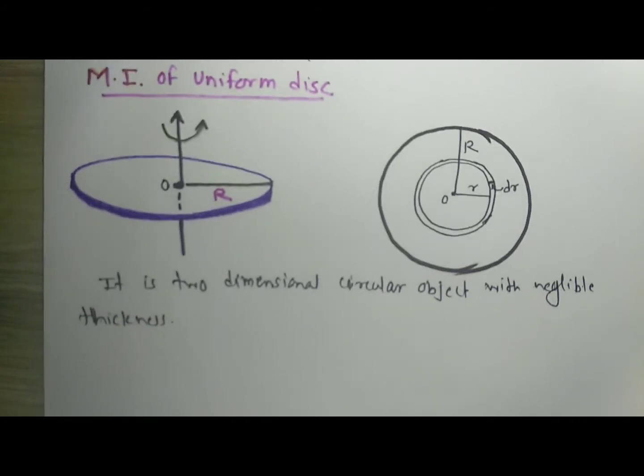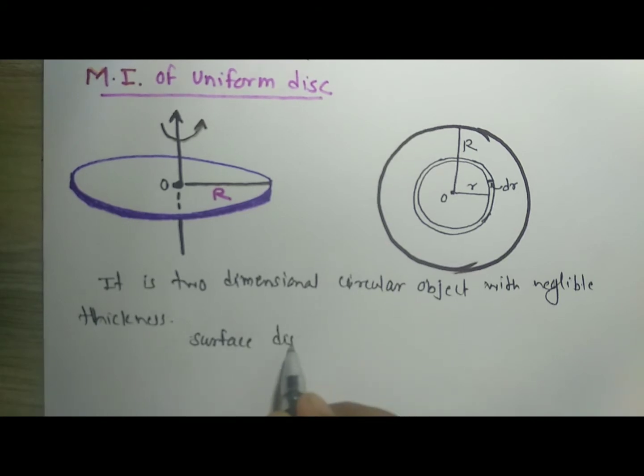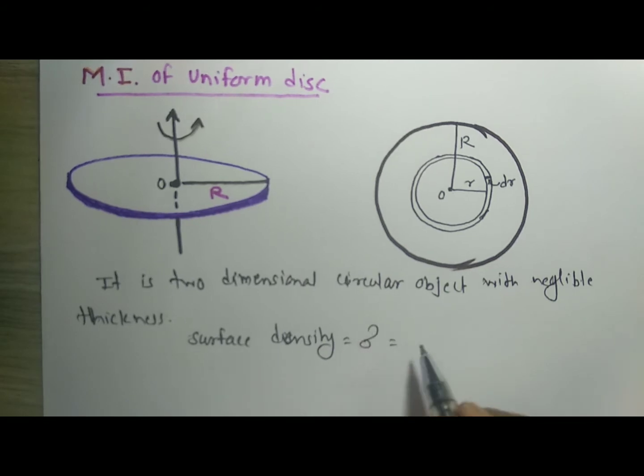And right now we have to consider it is a uniform one, and therefore you will get the surface density. What does it mean? The surface density is denoted by sigma, and it is nothing but mass divided by area.